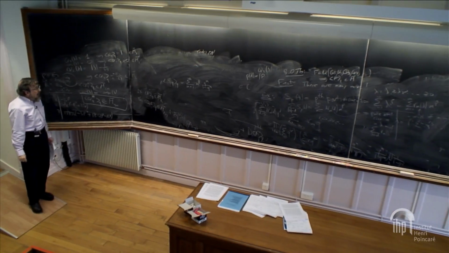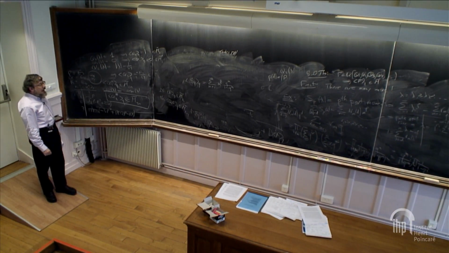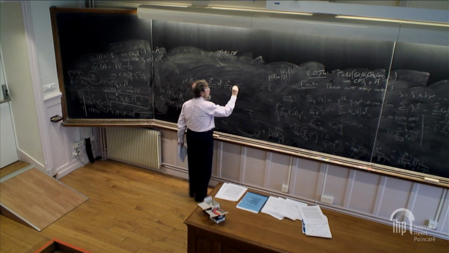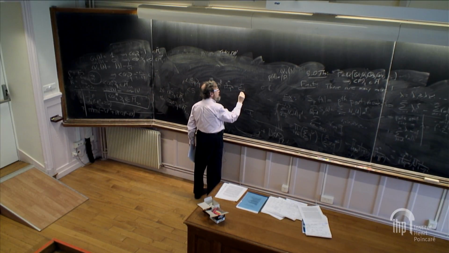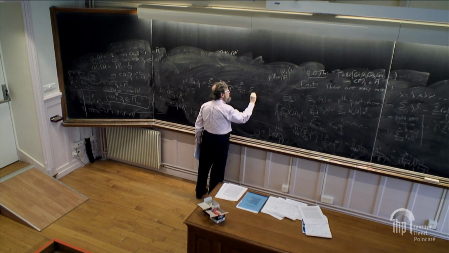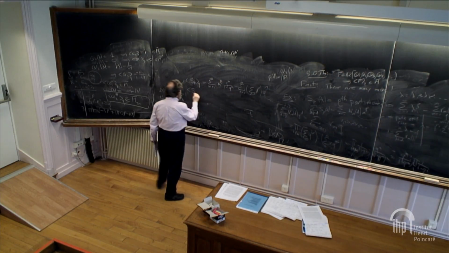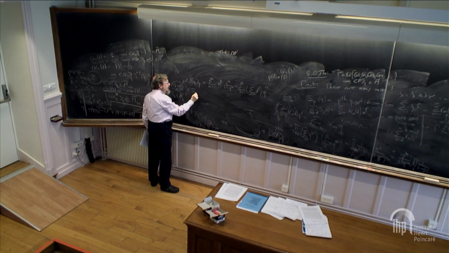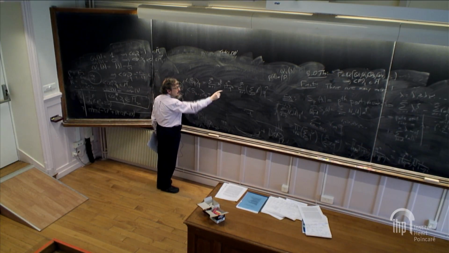So the q bracket of Sp is just the sum of m to the p, q to the m over 1 minus q to the m. And so you see that I could also write this by expanding this as a geometric series as the sum n from 1 to infinity, sum d divides n, d to the p, q to the n. And so you see that if k is a positive even number, and I take S k minus 1, q bracket, then I get this thing.